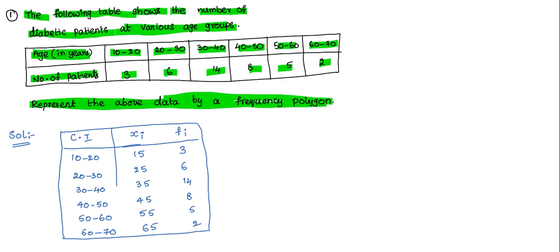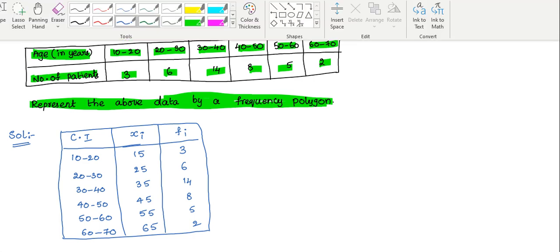Now to construct a frequency polygon, observe carefully. One interval we need to add at first, and here one more interval we need to add, to get a polygon.